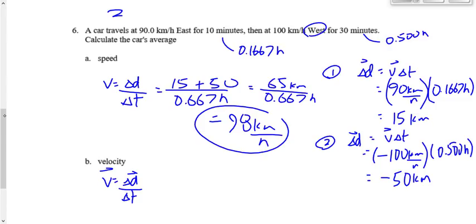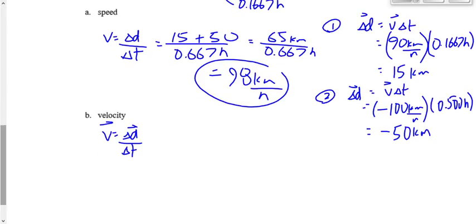Now, what about displacement down here? Velocity, which relies on displacement. My displacement would be, what, 15 kilometers that we got right there plus negative 50? Not subtracting, we're adding, but we're adding a negative value. That gives me negative 35.